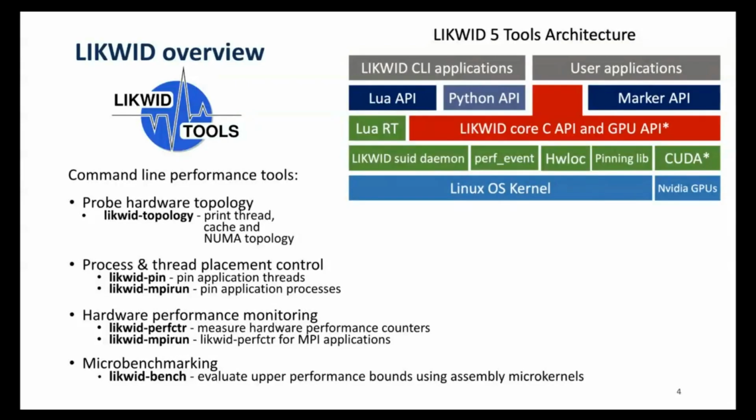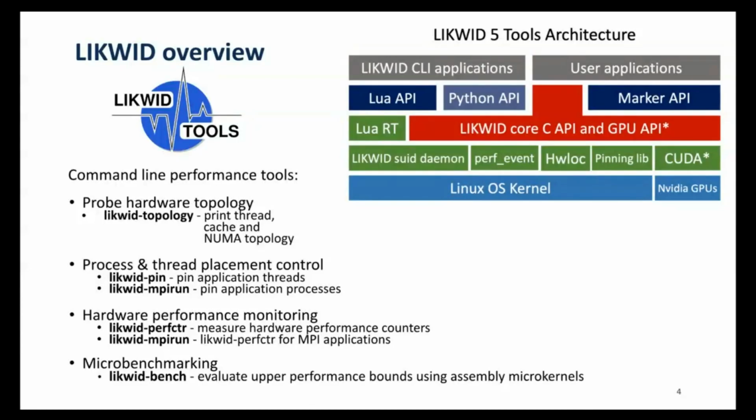And as we'll see, LIKWID perf counter may not be enough, especially on ARCHER2, where users might wish to measure the hardware performance counters for MPI parallel applications, for which LIKWID perf counter itself is not that well suited, and instead we will extend by looking at LIKWID MPI run.